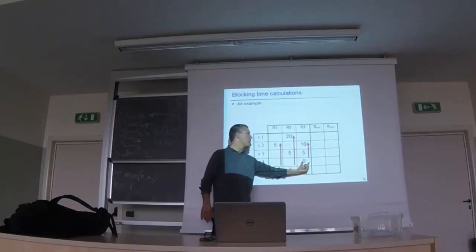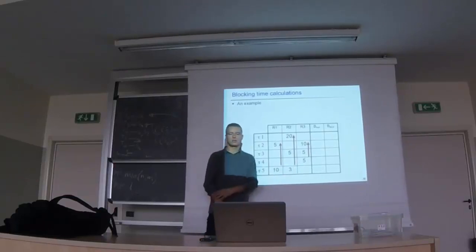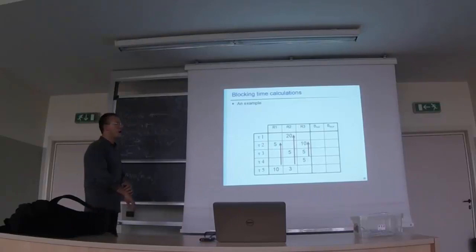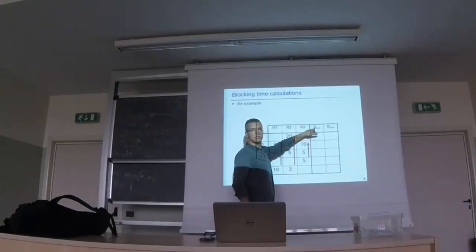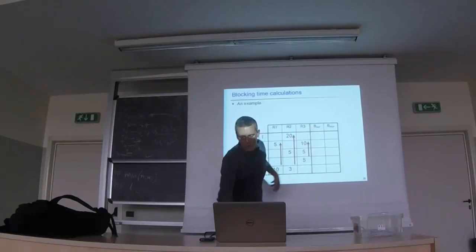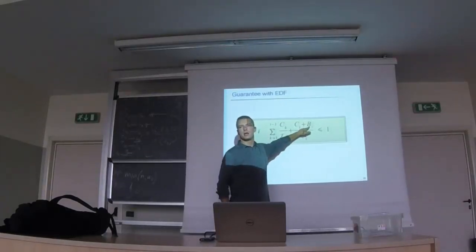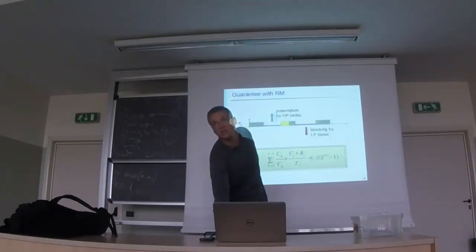This one only R3 for 5 time units, and this one only R1 and R2 for 10 and 3 time units respectively. I'm interested in computing the B terms that I need to plug in the formula that I showed you before, either on this test for EDF or this test for rate monotonic.